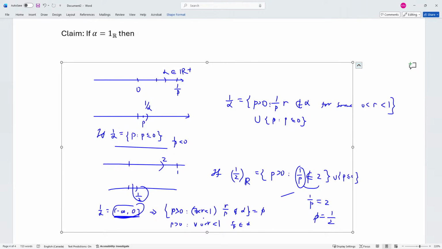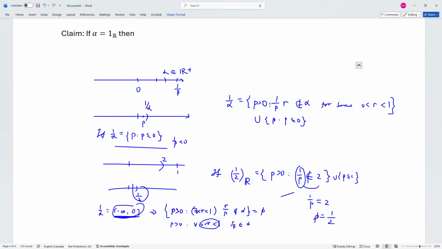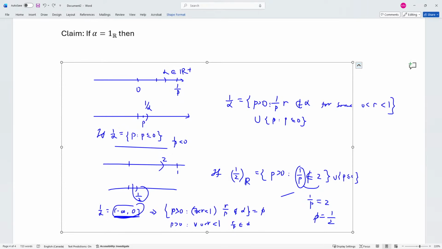So for every P greater than 0, R over P is in alpha, where R is something greater than 0 and less than 1. For every P greater than 0 it has this property, 1 over P. So we only get the negatives if alpha is a real number set.